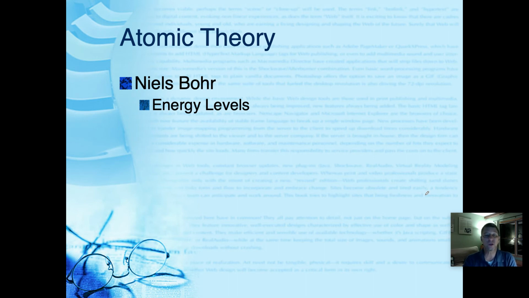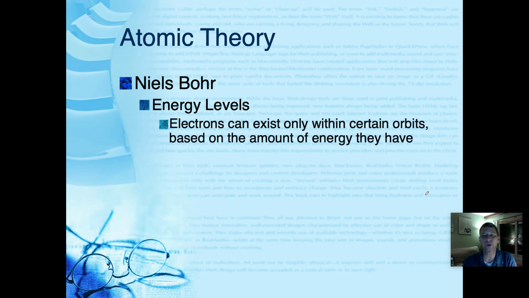Now, in terms of the energy levels themselves, depending upon what atom you're talking about, each orbit will be different. All right, so a hydrogen atom will have different orbitals, different energy levels than a helium atom, which are different than a lithium atom, which are different than a mercury atom, which are different than a uranium atom.